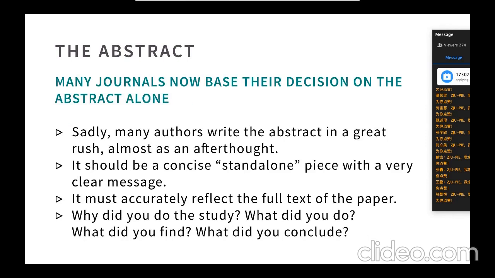So I find, and I'm sure you find as well, that many authors write their abstracts in a rush, as an afterthought, almost at the end of the process. And of course, this has to be a concise, standalone piece of writing with a very clear message that accurately reflects the full text of the entire article.